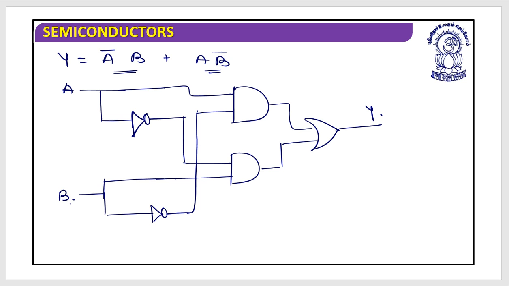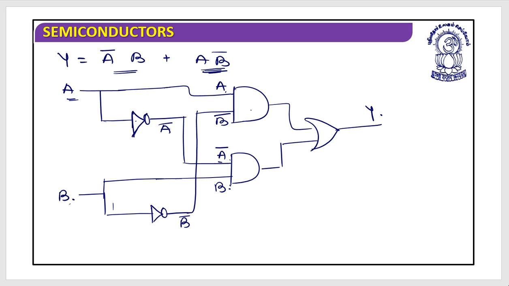So now you can understand that this is A. If you keep moving, this will give me the A. The NOT gate is there, so this is A bar. This is the B, and this is the B bar. So this is basically an AND operation of A and B bar.